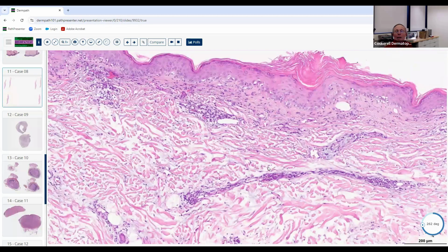So this person had dermatomyositis, but the histology of the two can look identical. If a rheumatologist tries to bully you into making a diagnosis of dermatomyositis versus lupus histologically, you need to say, go pound sand. I'm not going to tell you. Make them figure it out, because all we can tell you is that it's connective tissue disease here.